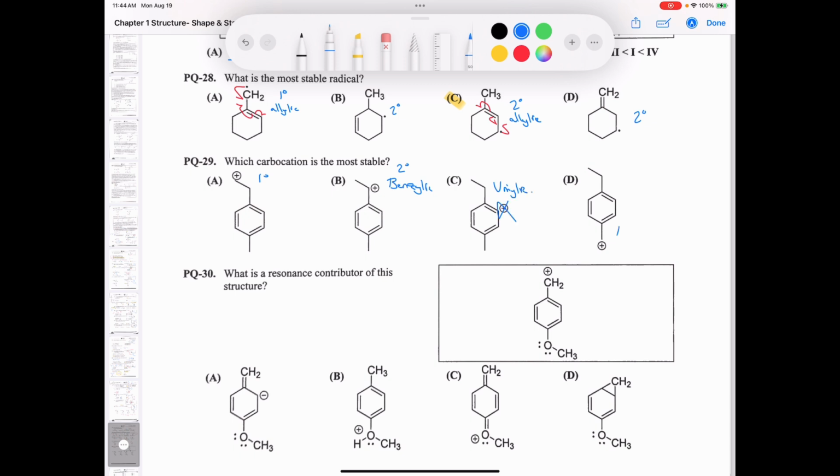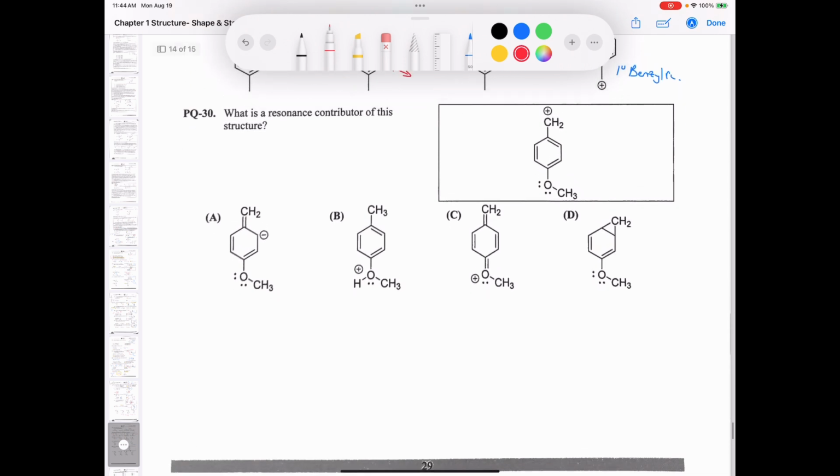And this one here is primary benzylic. So the battle is between the 2 benzylics, but secondary benzylic is going to win out over primary benzylic. So the answer is going to be secondary. Something else you could do is practice drawing all these resonance forms. Just for the sake of this video, I'm not going to draw them all, but you could start by drawing this and practice drawing all the resonance forms on scratch paper.